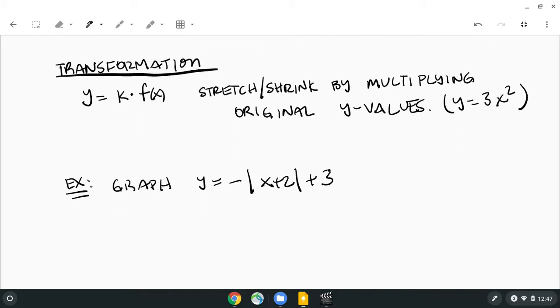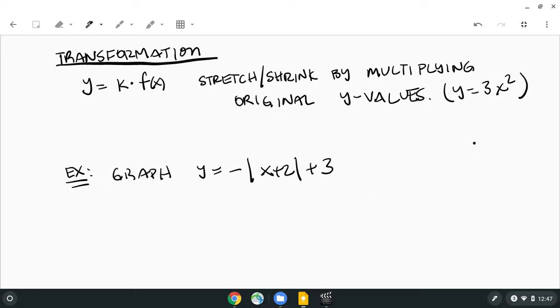Okay, so we already see that we have this 3 being added to the outside. So we know that here, this is going to be a shift up 3. And then we see this one, which is inside the function, plus 2. So we know that's going to be a sideways shift. And this one's one that's a little counterintuitive.